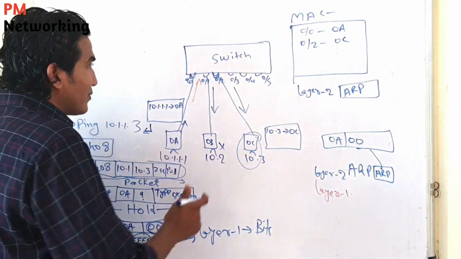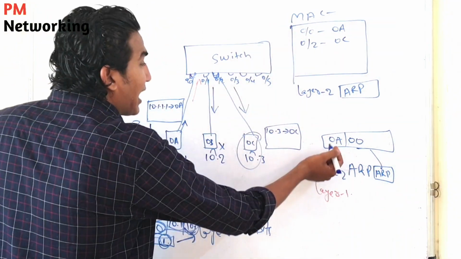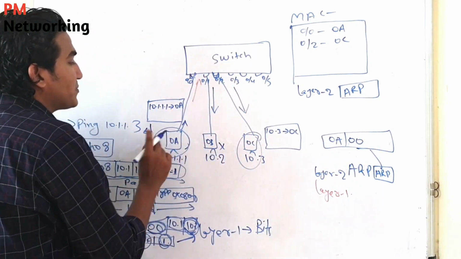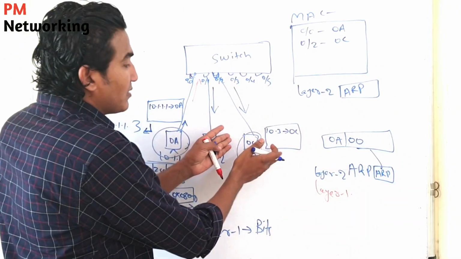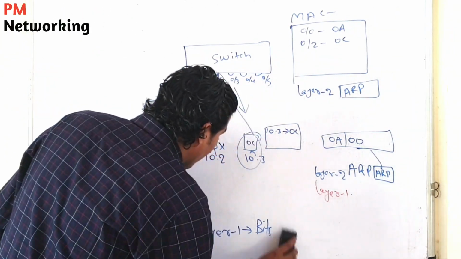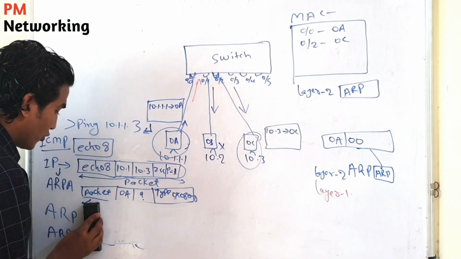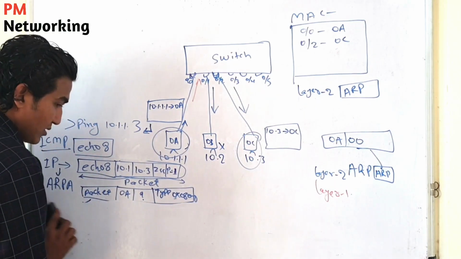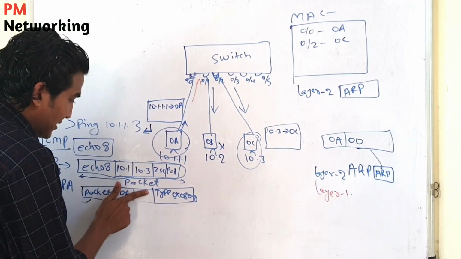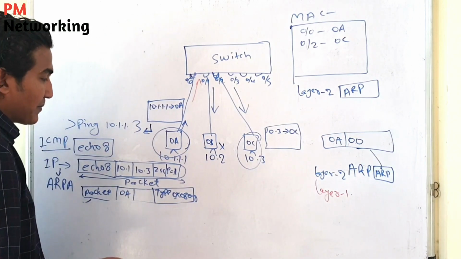Now this ARP reply will be received by this PC, and now this PC knows the MAC address of 10.3. So the packet which is on hold right now, the actual packet, is this. What information was missing there? The destination MAC address.